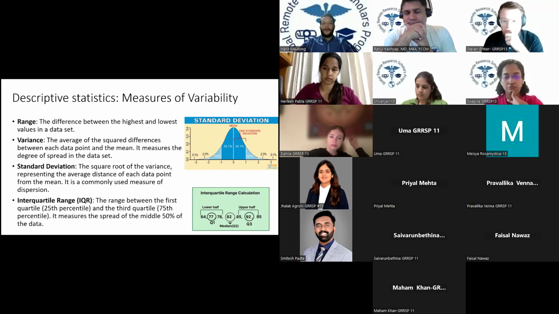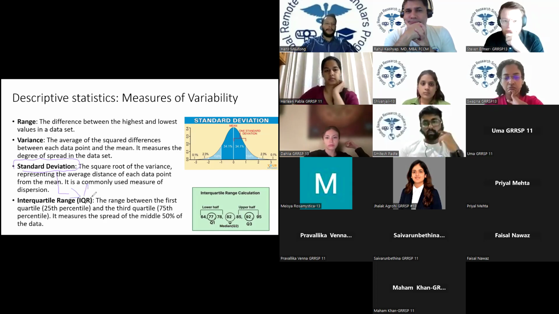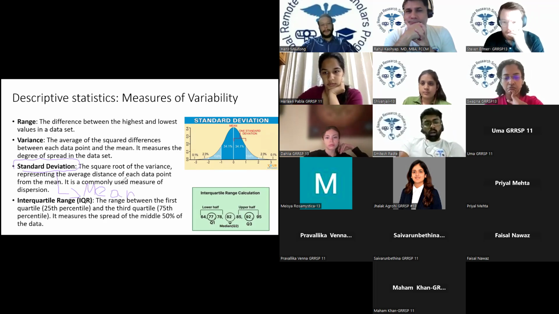But one thing that I want you to take away after this lecture is that the standard deviation always, always, always will be next to the mean. If you see a mean, you will probably see a standard deviation next to it. And interquartile range goes with the median.